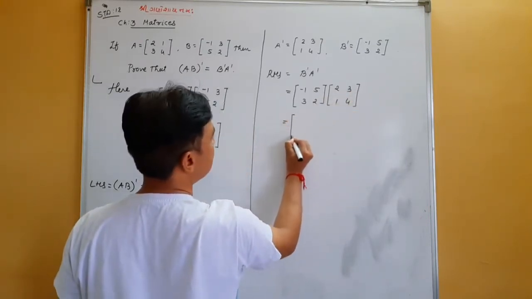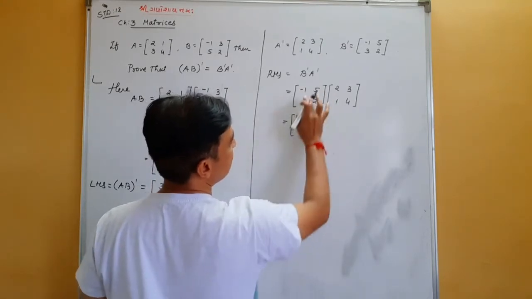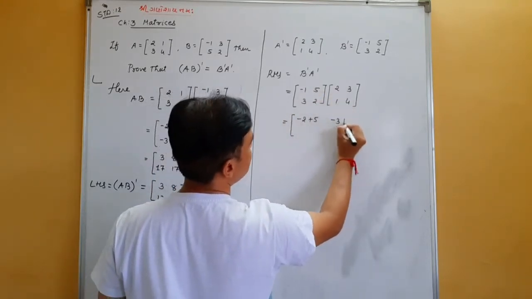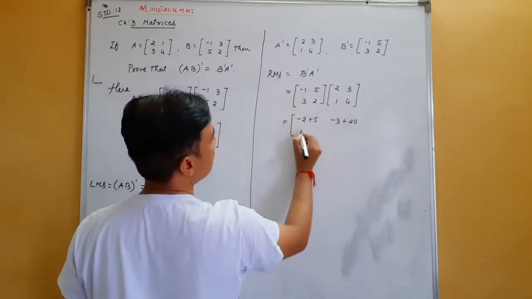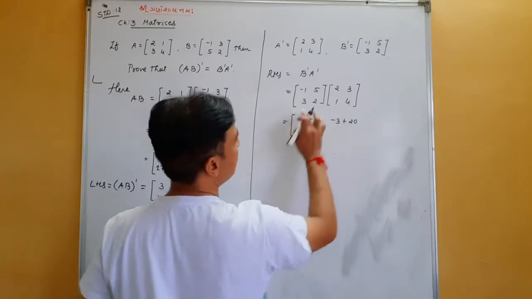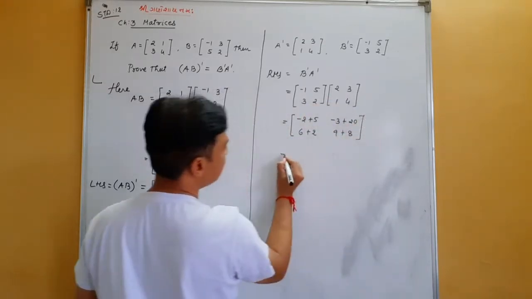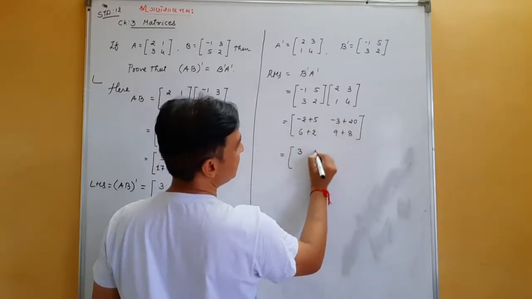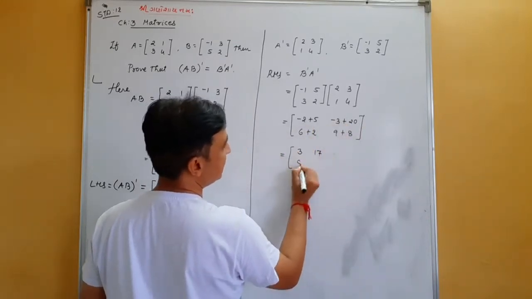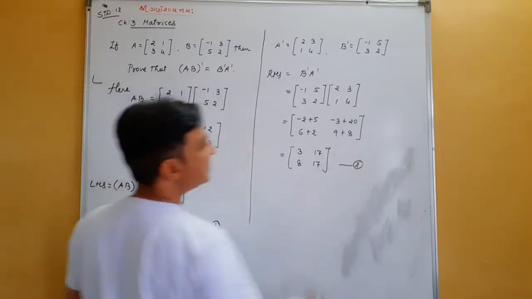Now the product: -2 plus 5 is 3, -3 plus 20 is 17, 6 plus 2 is 8, 9 plus 8 is 17. Say this is equation 2.